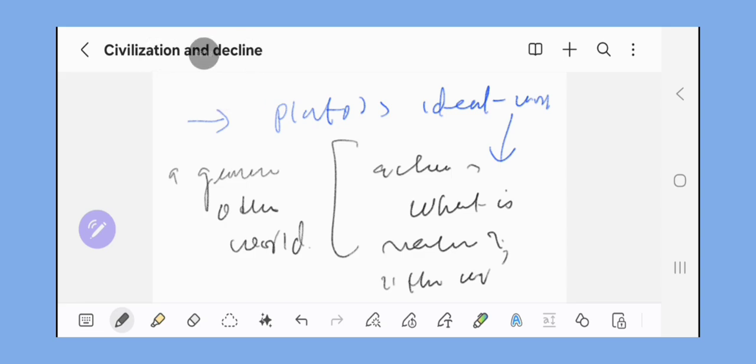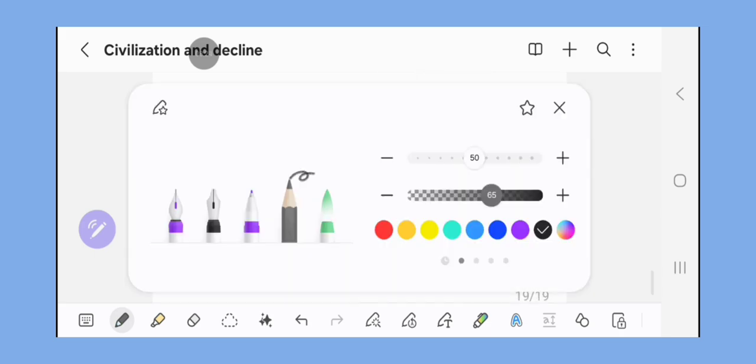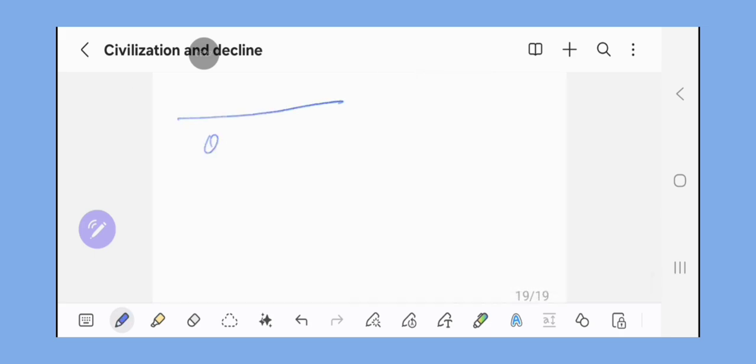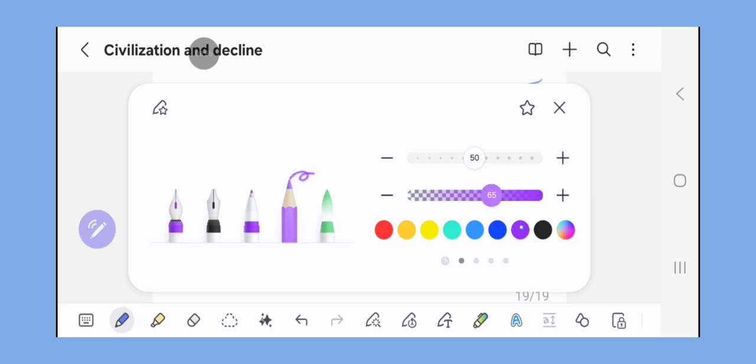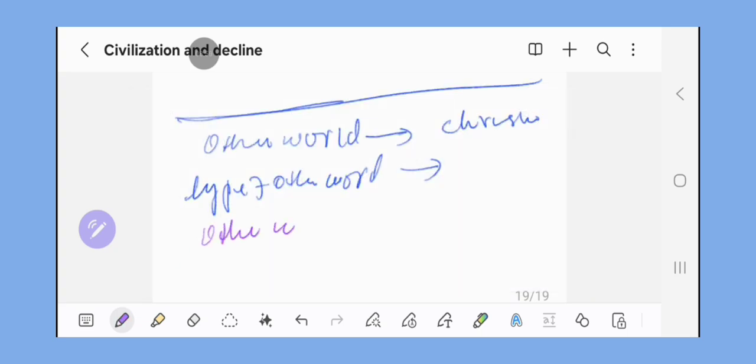So for Sorokin, an ideational civilization is the civilization which gives preference to the other world. And I think by other world, at least, he also means the Christian type of other world. So the civilization which gives primacy to the other world, that's the ideational.